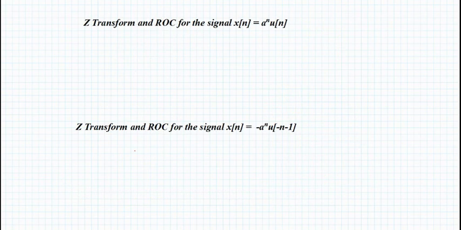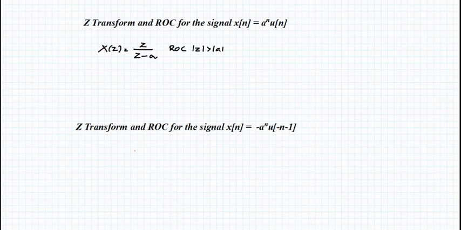That is x of n is equal to a raised to n into u of n, and the second question is minus a raised to n into u of minus n minus 1. You can see the answer. In the first question, x of z is equal to z by z minus a, and the region of convergence is given by modulus of z greater than modulus of a.